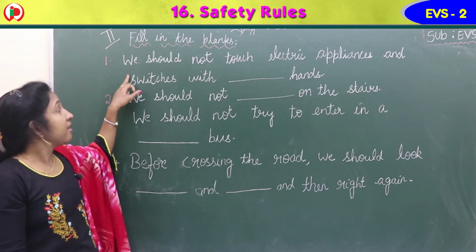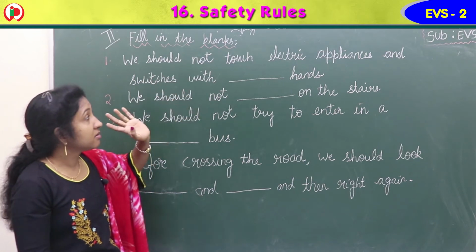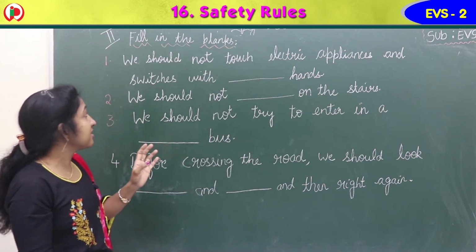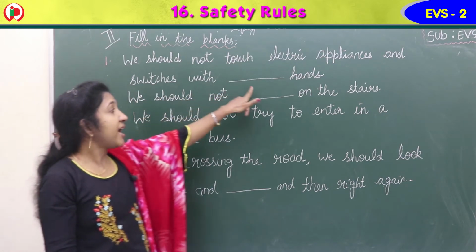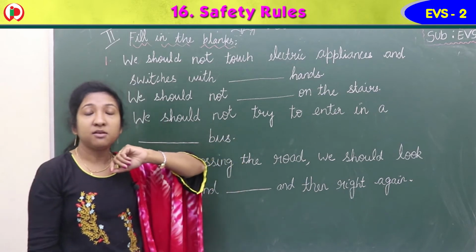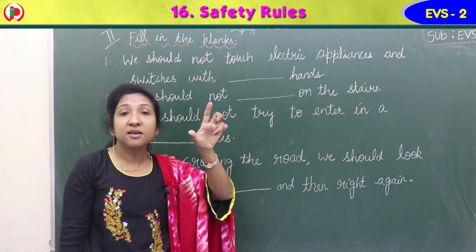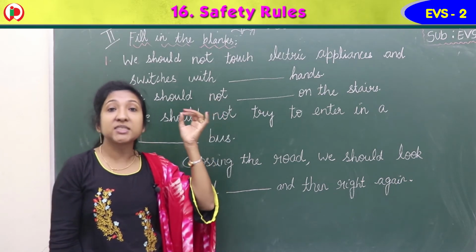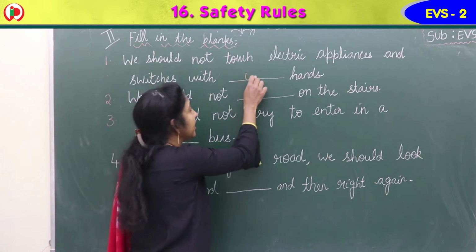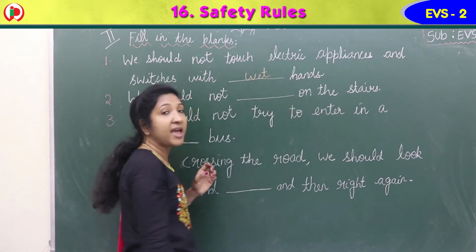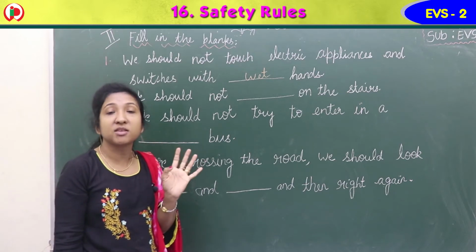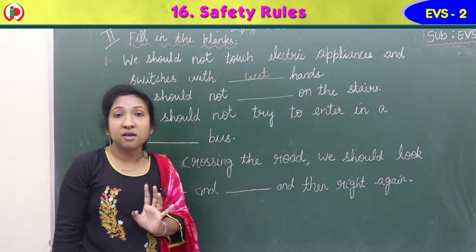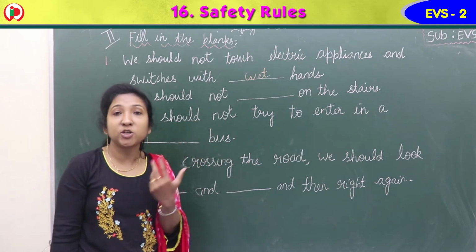First question: we should not touch electric appliances and switches with dash hands. With wet hands. W-E-T, wet hands. We should not touch any electric switches with our wet hands. If the hands are wet, we should not go and switch on the TV or computer or anything.